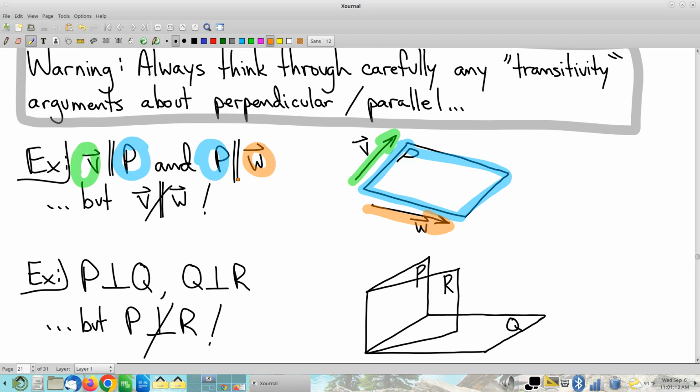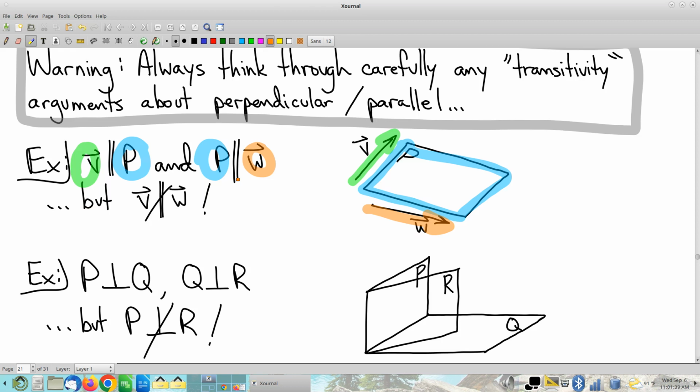So parallelness is not transitive when there's a plane involved. Now, when it's all vectors, yes. If you have three vectors, the first two are parallel, the second two are parallel, then the trio are all parallel. So it depends on what kind of objects you're talking about. So anyway, landmine, heads up.